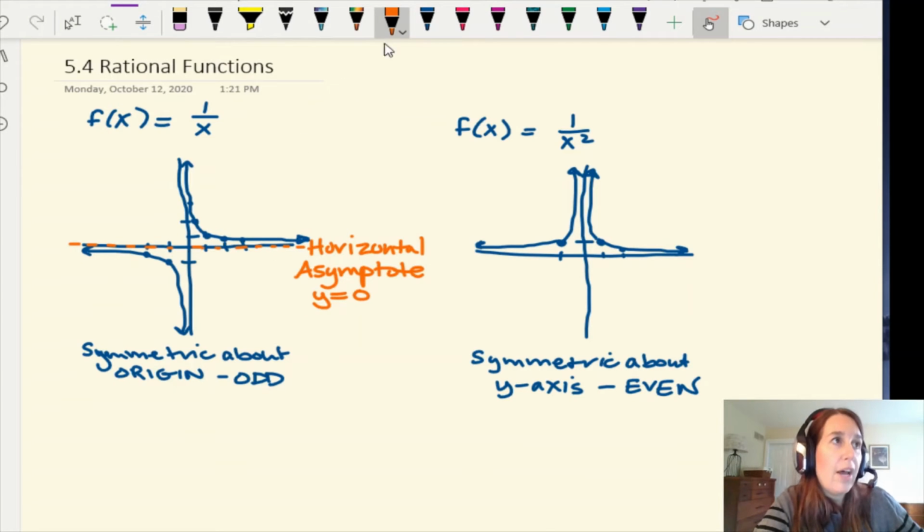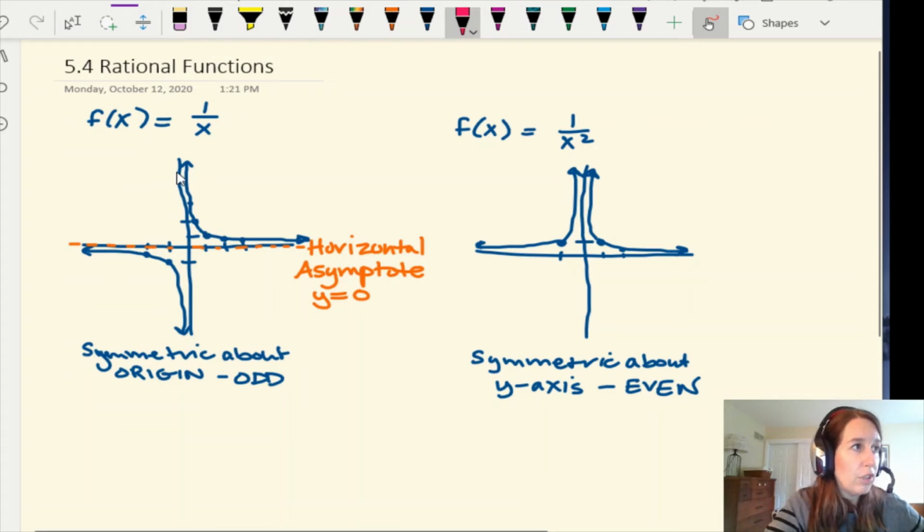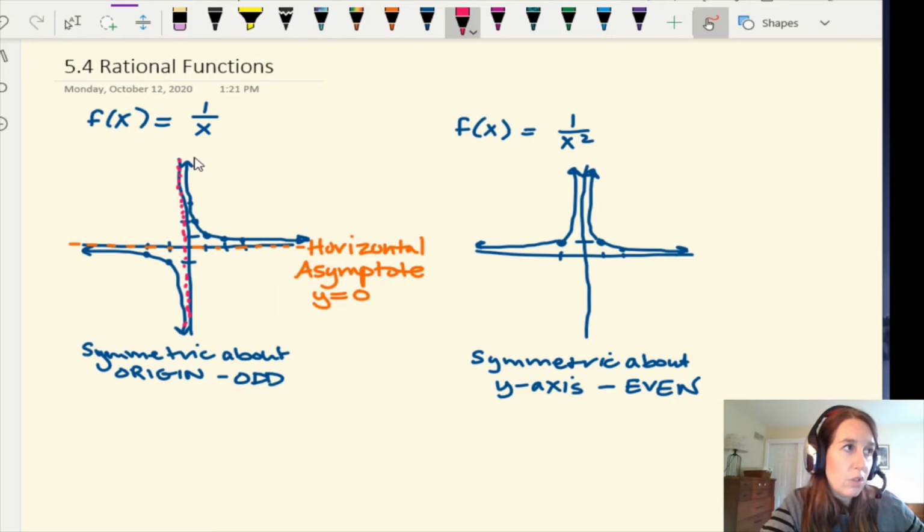We also have what's called a vertical asymptote. So in the same manner, the graph is approaching that vertical asymptote, just getting closer and closer to it, but not crossing. So this is called a vertical asymptote. And this vertical asymptote on the parent function is at x equals 0.